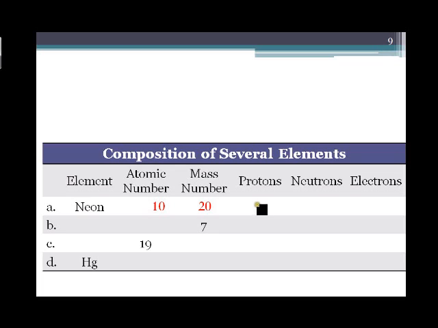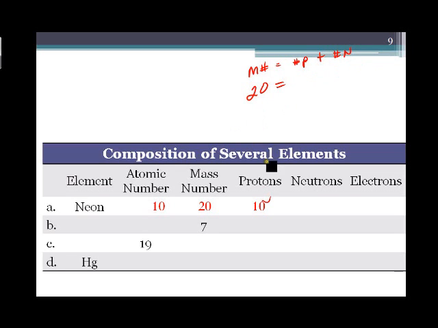The number of protons in neon is equal to the atomic number. To figure out the number of neutrons, we take the mass number of 20, which is equal to the number of protons plus the number of neutrons.